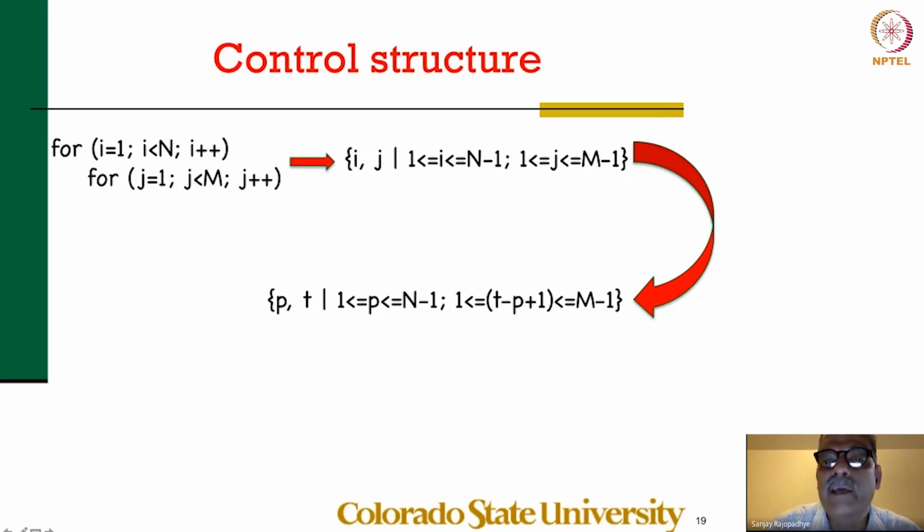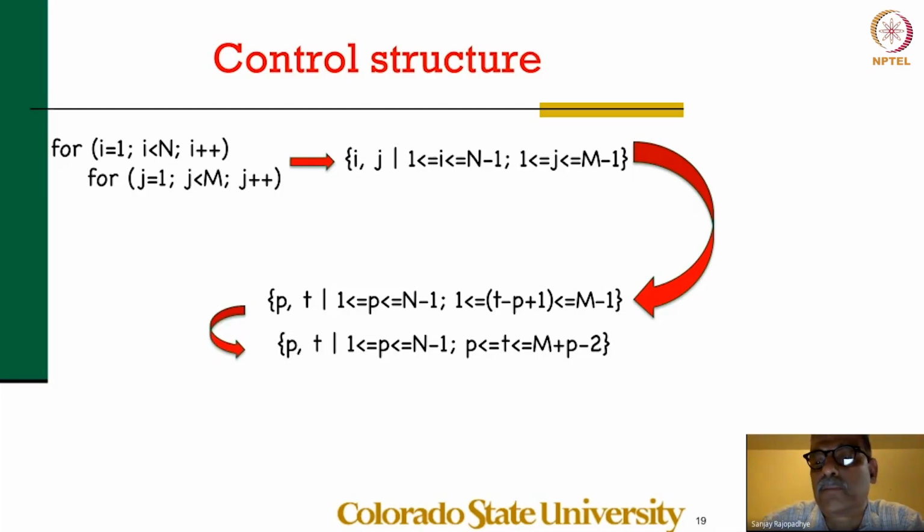That means wherever I appears, I replace it by the first coordinate expression of the inverse applied to TP. Wherever J appears, I replace it by the second coordinate expression in the inverse. That's all I'm doing. Now I have to do a little bit of algebra to simplify, but that's all.